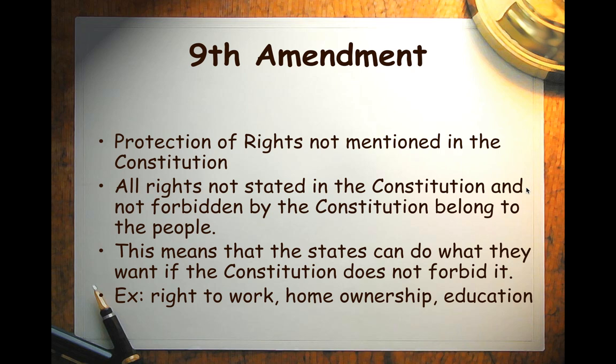So as long as the Constitution doesn't explicitly forbid it, like the Constitution says that only the federal government can form treaties with foreign countries, and only the federal government can print money. Well, as long as it's not something that is expressly forbidden in the Constitution, then those rights exist. And those rights exist for the states, and those rights exist for the people.